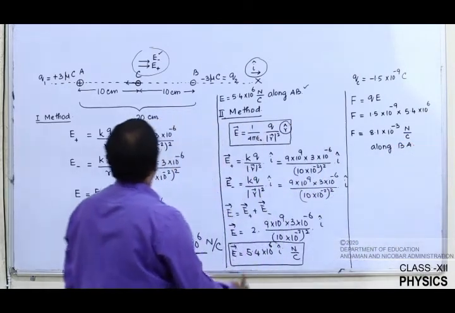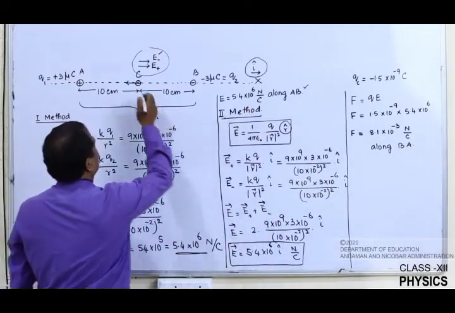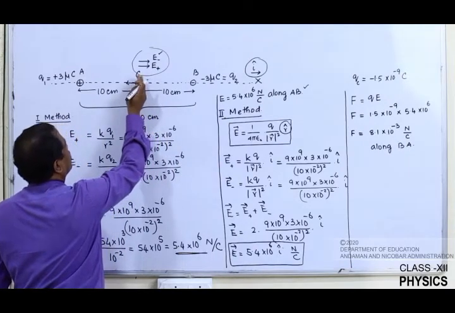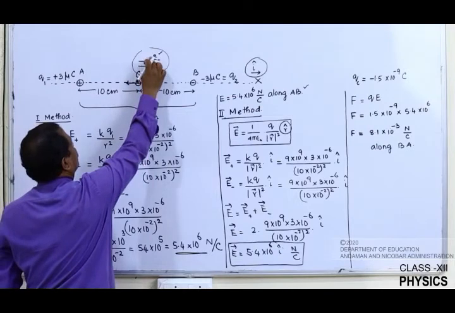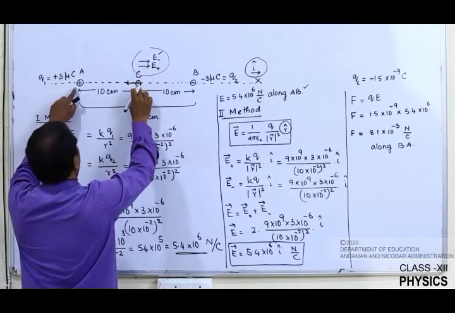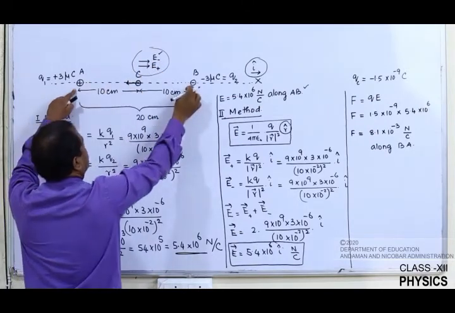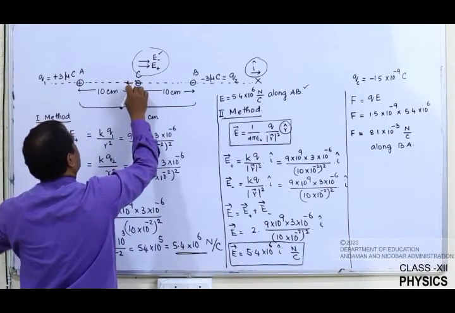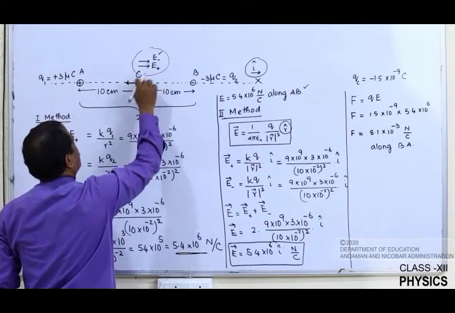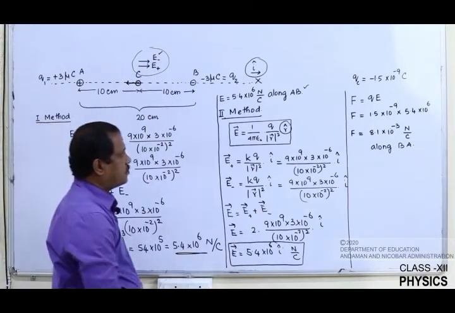I hope you understand, because this is a negative charge. When you place a negative charge here, it will experience a force in the opposite direction to that of the electric field. The positive charge will attract and the negative charge will repel it, so this charge will try to move in the direction opposite to that of the net electric field at this point C.